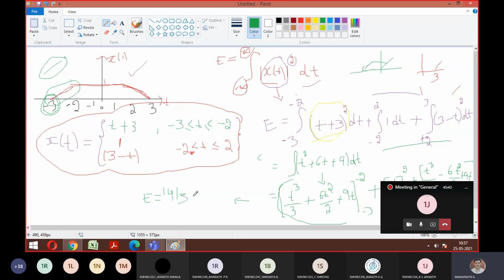So others just check out. Did you get the same answer? Is it 14/3 joule? Is that the energy stored across this waveform? Everyone got the same answer or a different answer? Is it okay? Others, is it fine? We got the same answers.